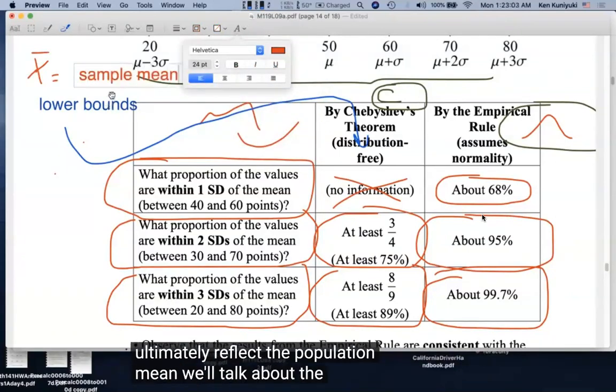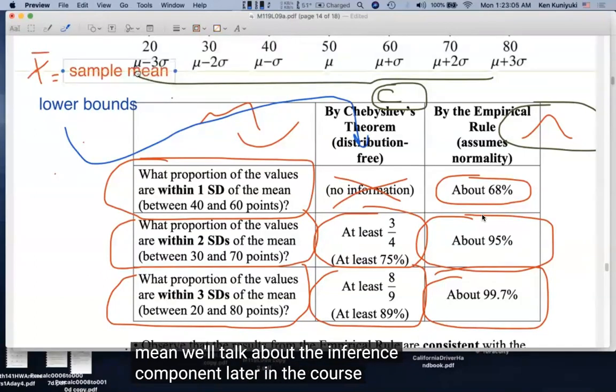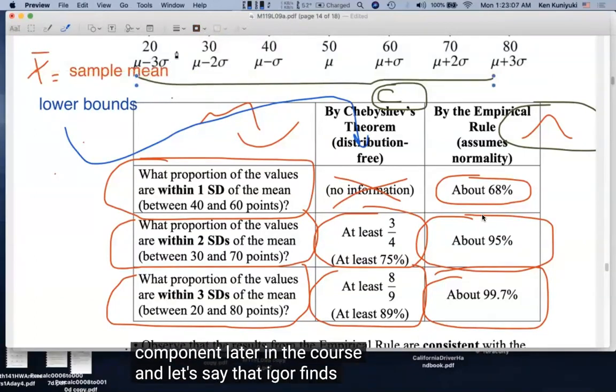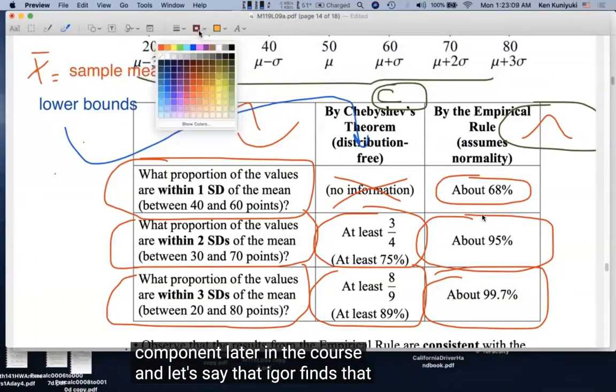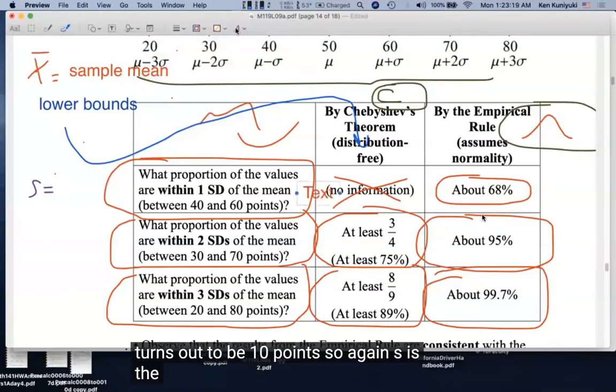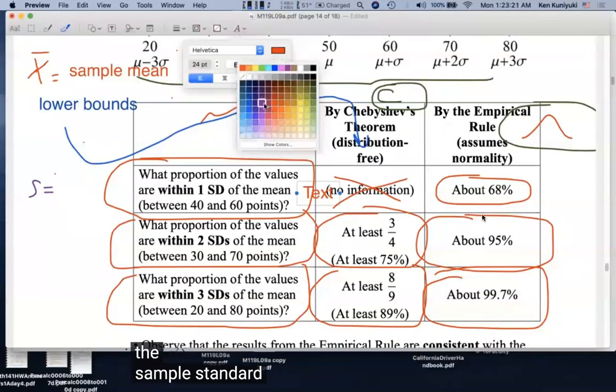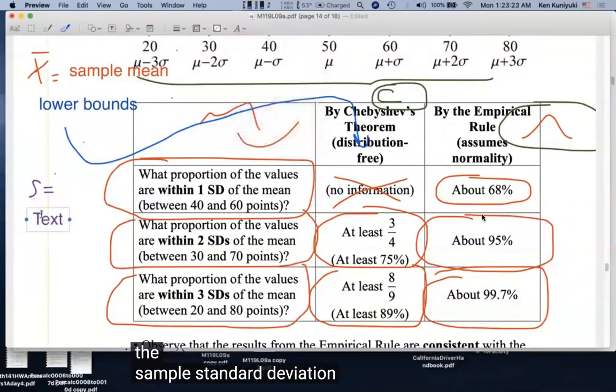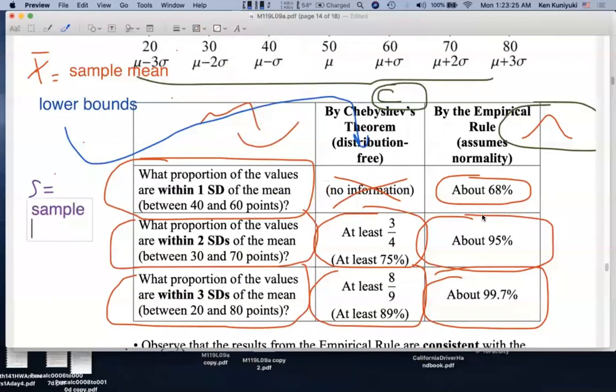We'll talk about the inference component later in the course. And let's say that Igor finds that the sample standard deviation S turns out to be 10 points. Again, S is the sample standard deviation. We just have sample data, so we can't get the population mean or population standard deviation yet.